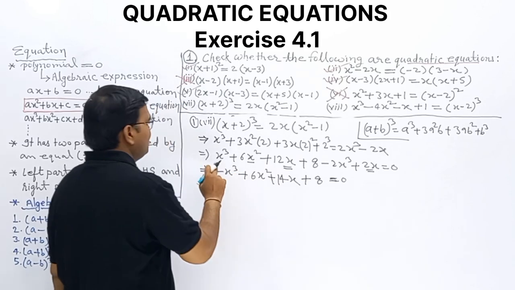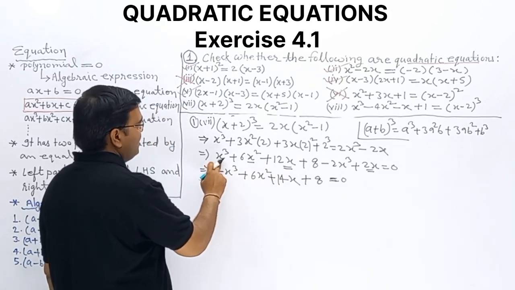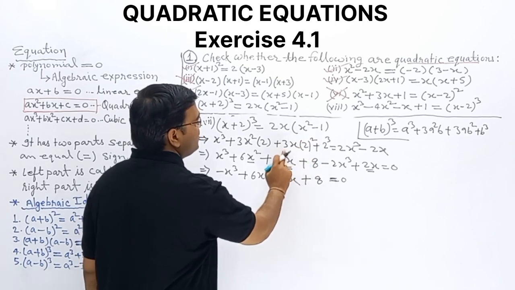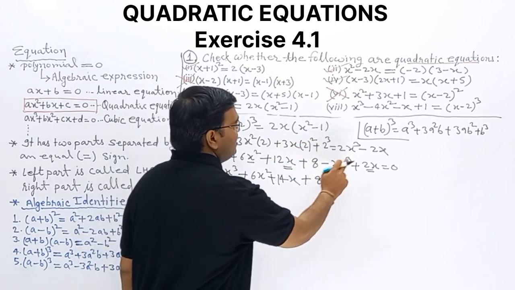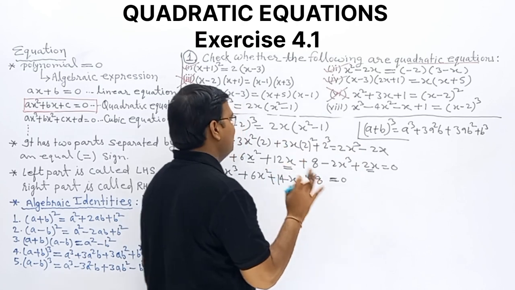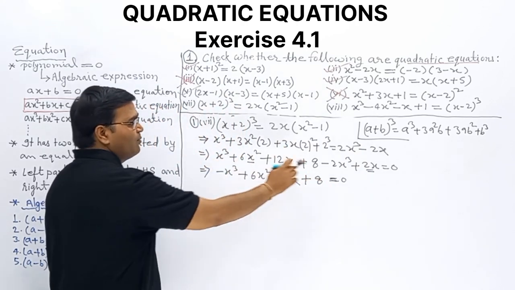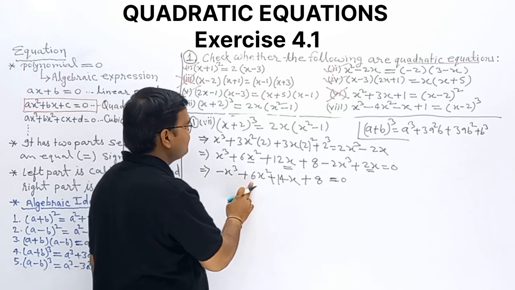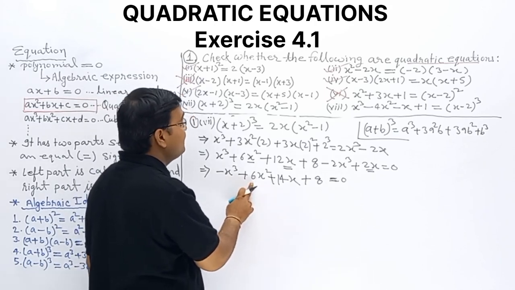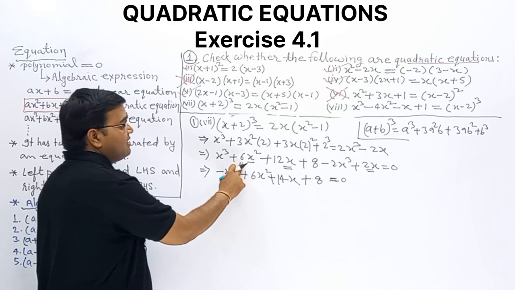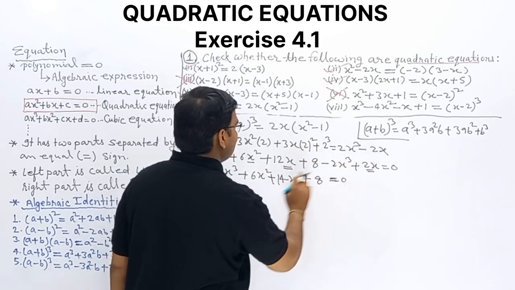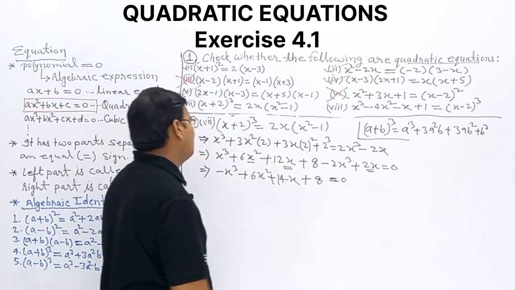Now transpose and solve. x cube, this will be 6x square, this is 4, 2 2s are 4, 4 3s are 12x, this is 8 minus, and this will be plus. Now solve. x cube minus 2x cube will be minus x cube. Then 6x square, only one term we have, x term 12x plus 2x, 14x, and the constant term is this one.